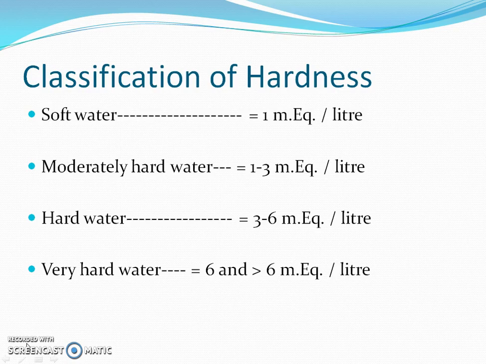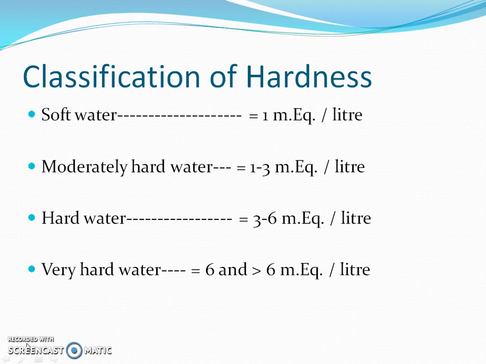Now one can classify different waters on the basis of the hardness. For example, soft water contains less than 1 milli-equivalent CaCO3 hardness per liter. Moderately hard water contains 1 to 3 milli-equivalent CaCO3 hardness per liter.